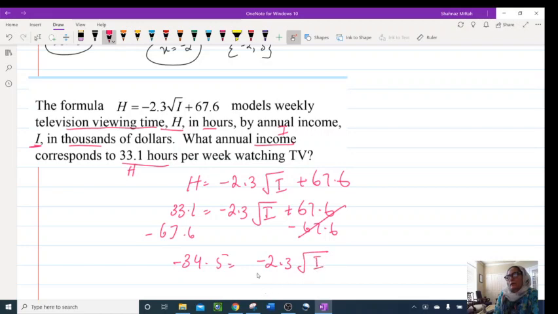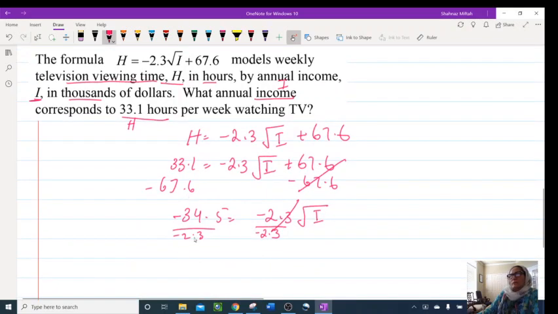Again, I have to get the I by itself. So I divide by negative 2.3, negative 2.3. They cancel out. When I divide these using a calculator, negative turns positive. So it's going to give me 15 equals square root of I. Now again, they're asking for I. They never said square root of I. So how do I get rid of this square root?